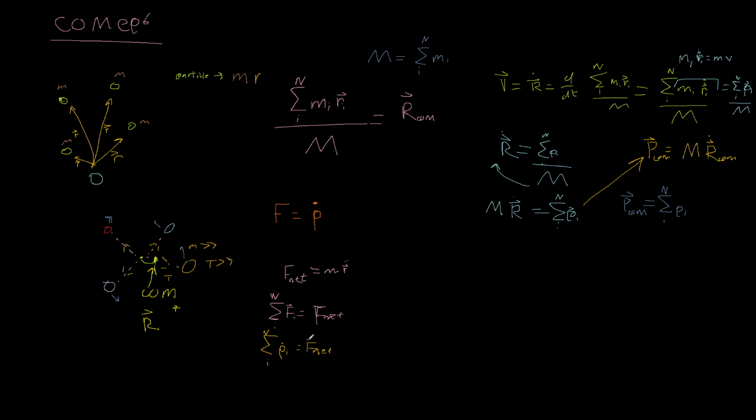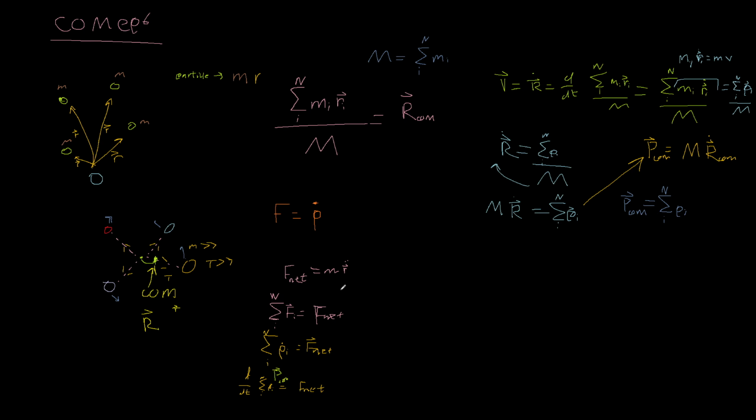What we've already shown is that since this is linear, we can pop this d over dt outside. The derivative of the sum of p_i equals F net, and we already showed that this is equal to the momentum of the center of mass.